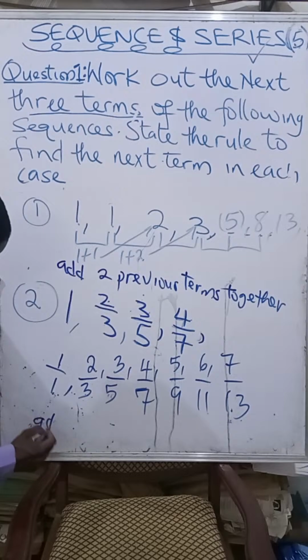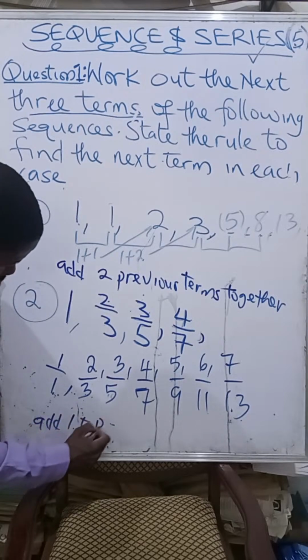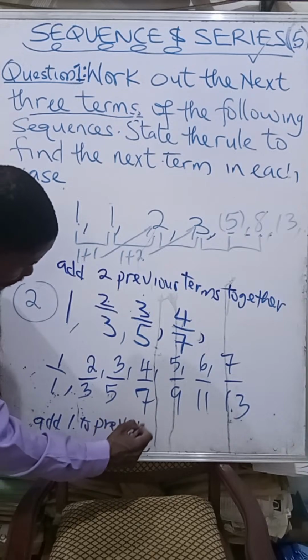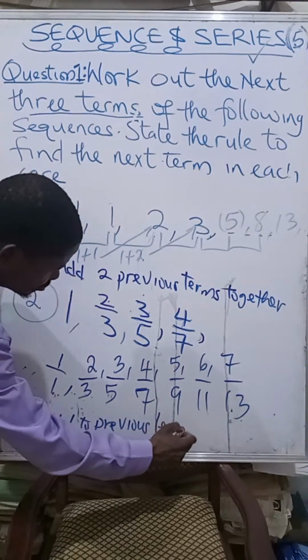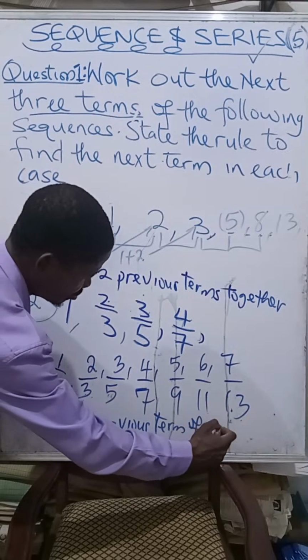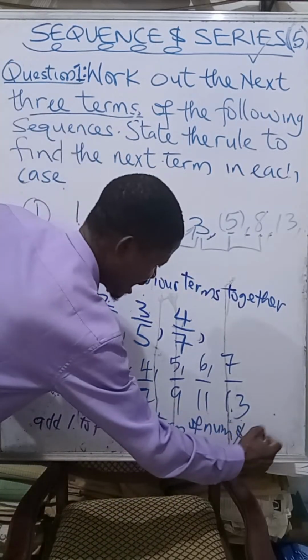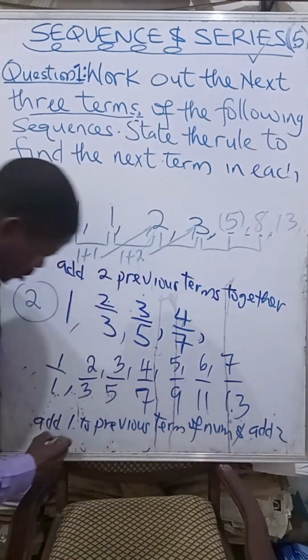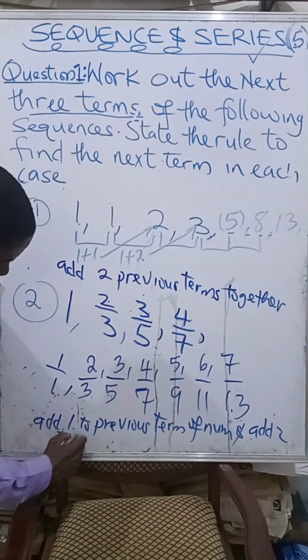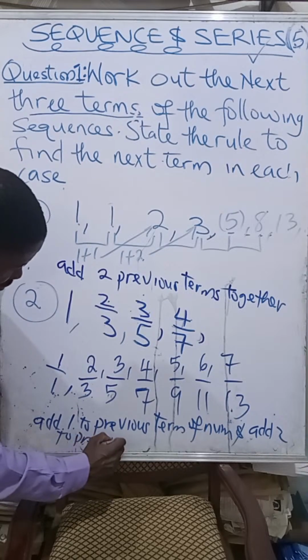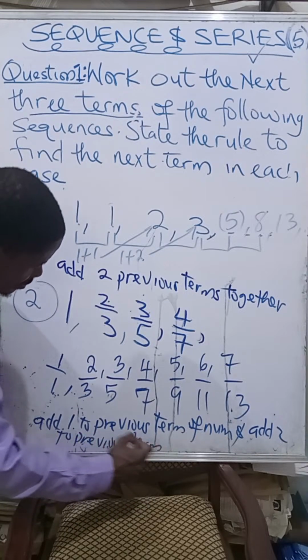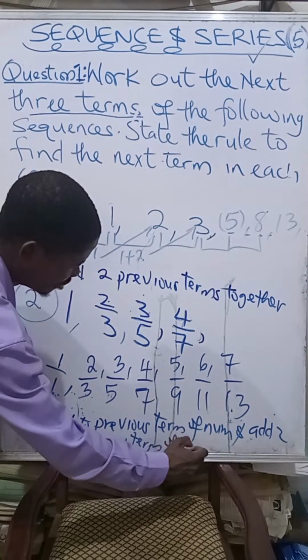Add 1 to the previous term of the numerator, and what? And add 2. Add 2 to the previous term of the what? Of the denominator.